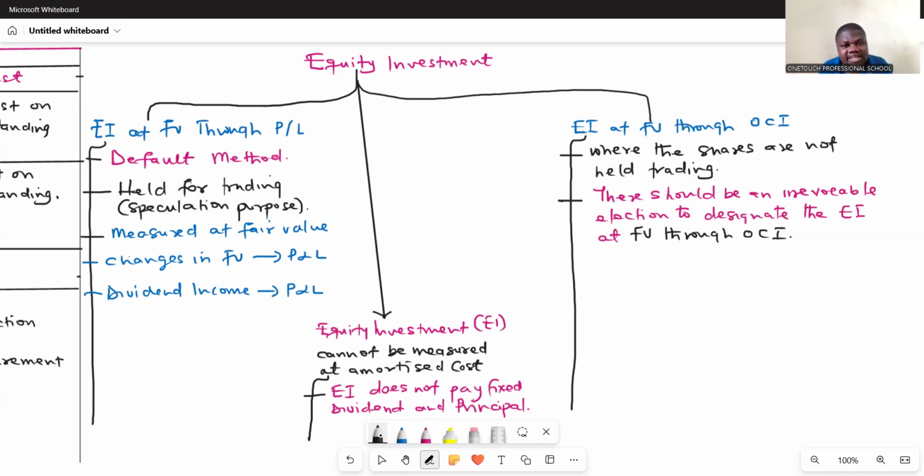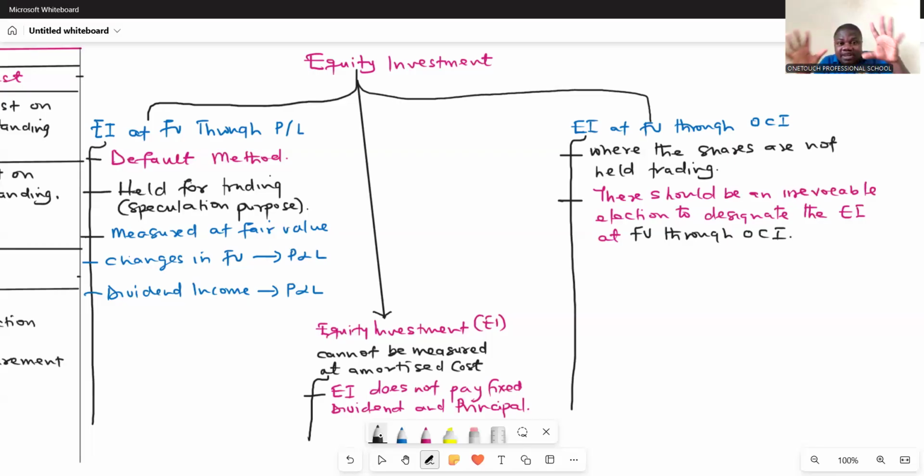If it's not held for trading, the standard does not make it compulsory to treat it under P&L. So if the company has a policy to treat at fair value through P&L only if it is compulsory, then you recognize it at fair value through P&L only when it is held for trading. It means that whenever it is not held for trading, you have to go for fair value through OCI, because it is not compulsory now to treat it under P&L.